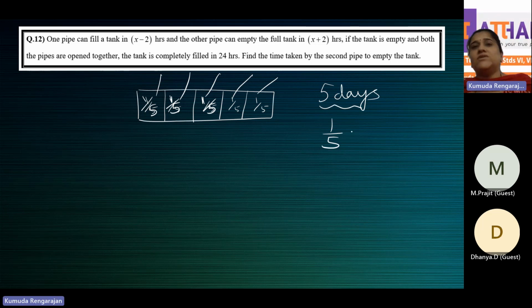You finished 1/5 of the full work, right? That means the reciprocal of the time taken is the portion of the work which you finish in one day. The work done in one day is the reciprocal of the time taken.